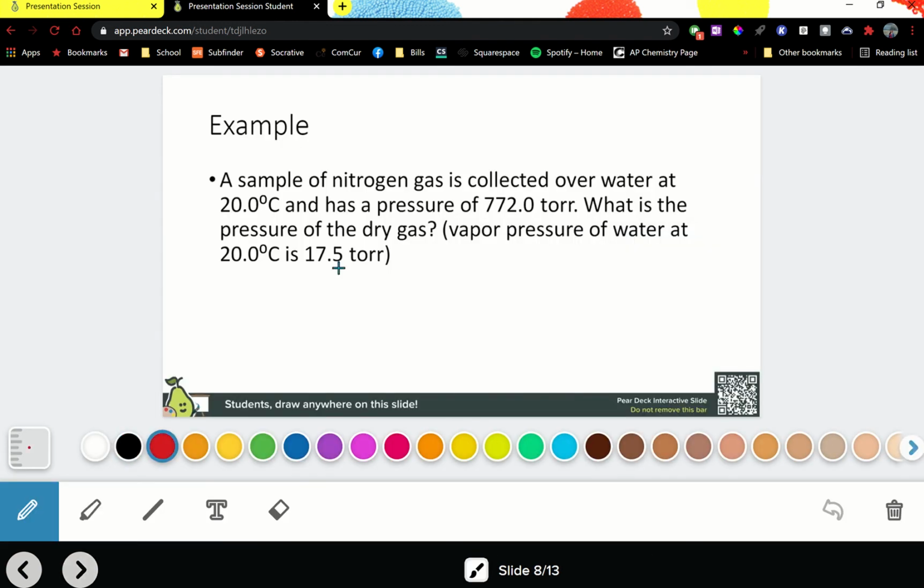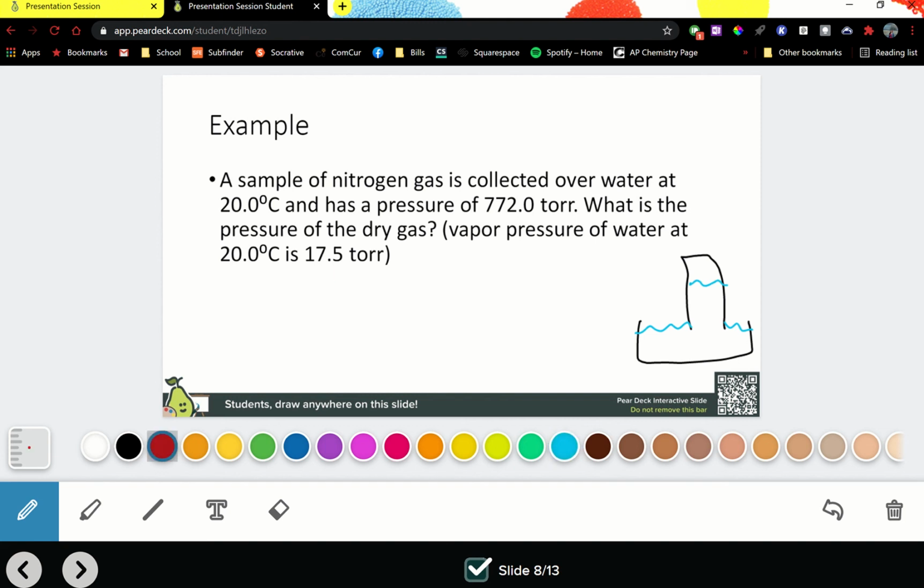A sample of nitrogen gas is collected over water at 20 degrees Celsius. So let's imagine what this looks like. I've got a reaction occurring. I've got a container of water, and I've got my upside down test tube in there. So I've got my water here, and my test tube here with water.